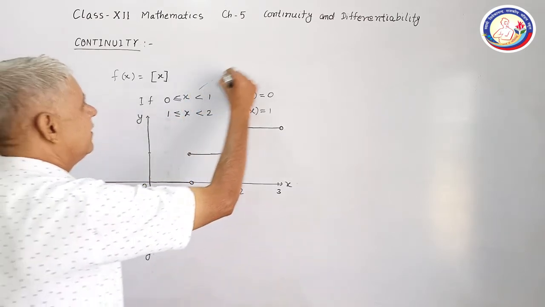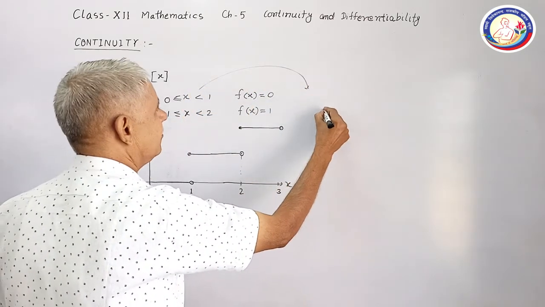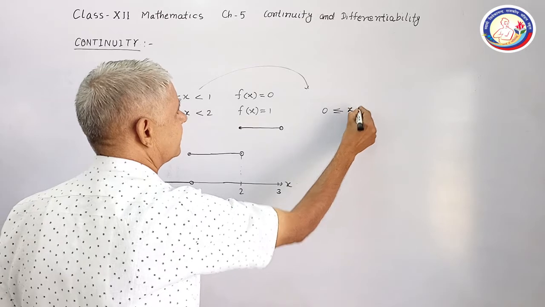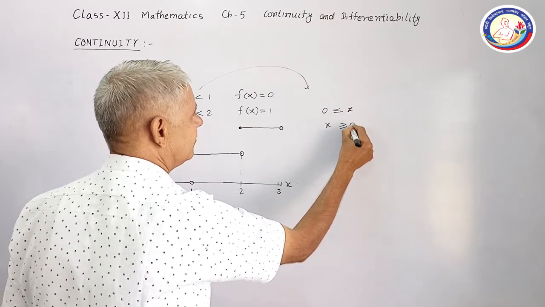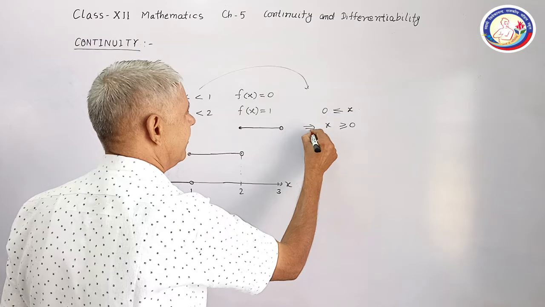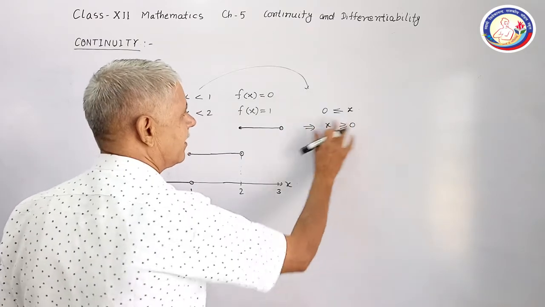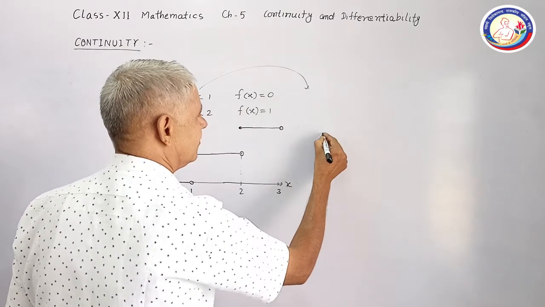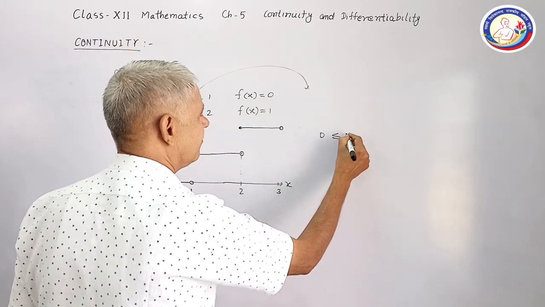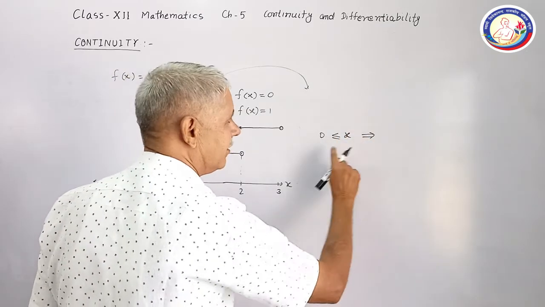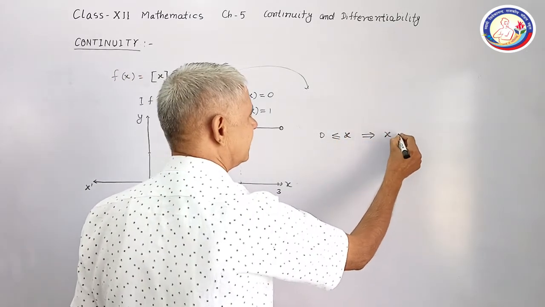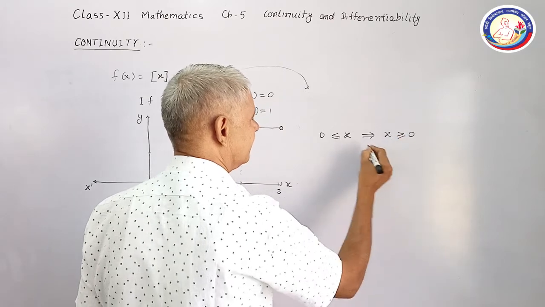We can explain it further. 0 is less than or equal to x. It means x is greater than or equal to 0, this implies this. Or we can write it 0 is less than or equal to x implies that x is greater than or equal to 0.